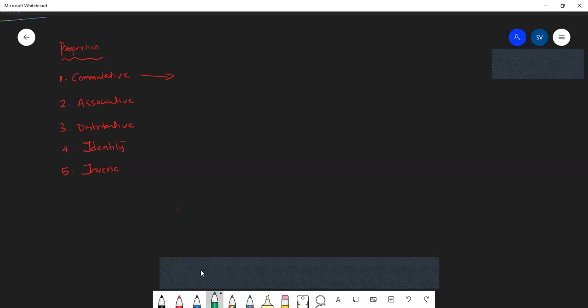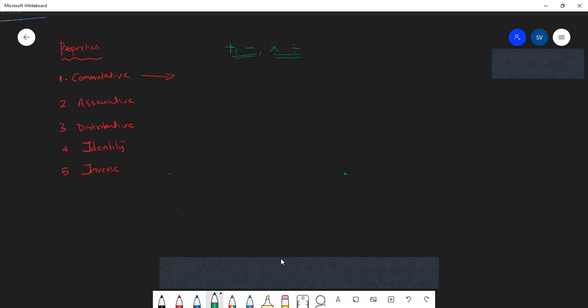Okay, green is good. We have four different operations: addition, subtraction, multiplication, and division. Addition and subtraction are related together, one is the opposite of the other, exactly the same as multiplication and division.